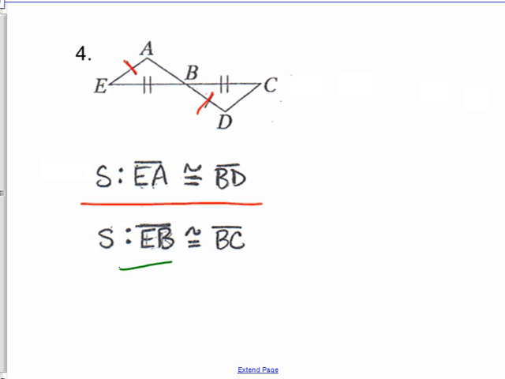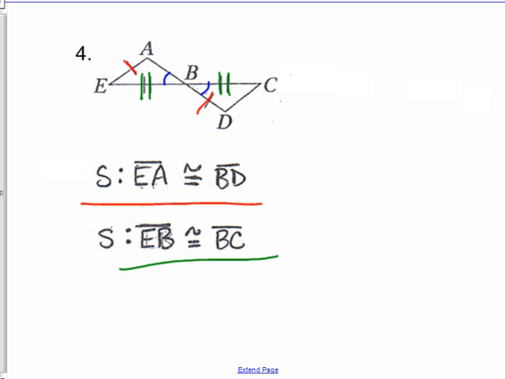Then we have EB is congruent to BC. Well, I don't know what else we have here. There's no other statement here. But I can tell you for sure, I know that this angle right here is congruent to this angle right here, because those are vertical angles.